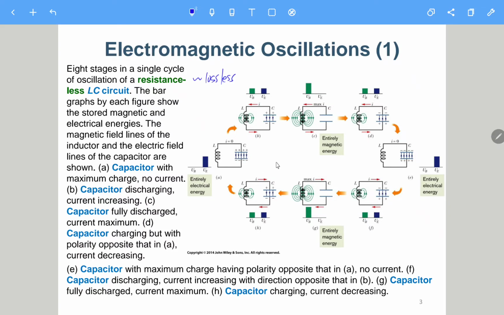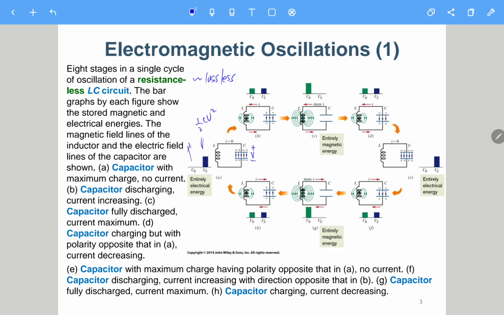So you can imagine there will be a potential difference across the capacitor. Do you remember what UE is? UE will be half of CV squared.